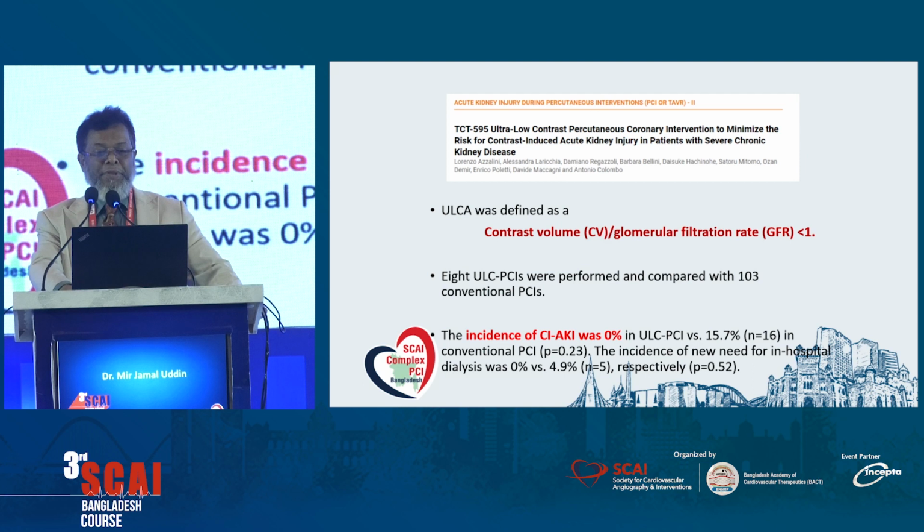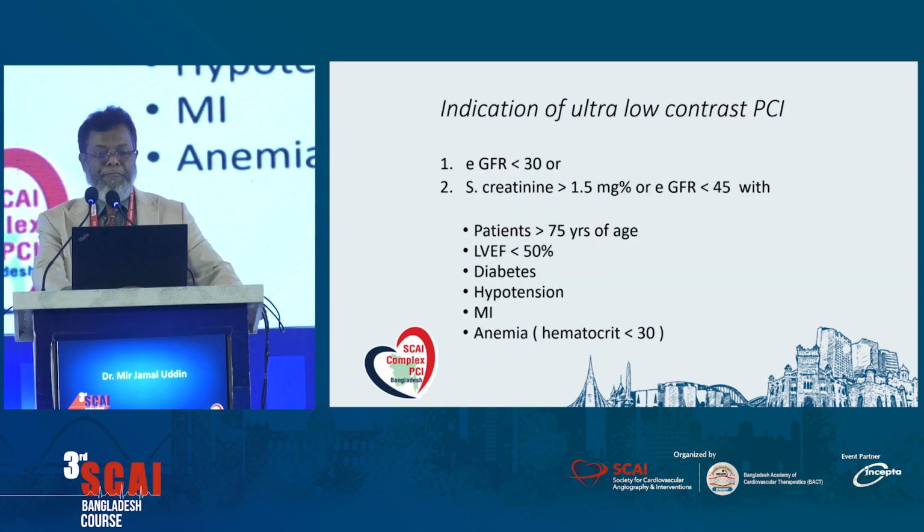And with ultra low contrast angioplasty, as we know, there is much less chance of CIN. One study showed that the incidence of contrast-induced AKI is approximately 0%. And what are the indications of ultra low contrast PCI?